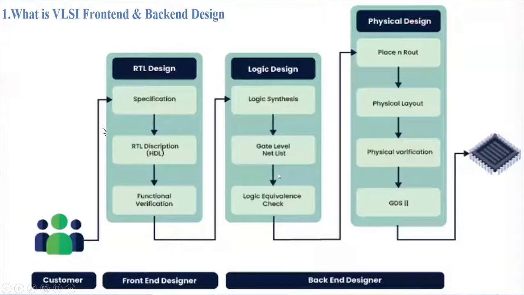Physical design will take the input from logic design and do place and route, physical layout and physical verification. After that, the GDS2 file will be generated, graphical database system. That GDS2 file is given to the fabricators, and they will fabricate this design. This is not our main thing. Mainly we are discussing RTL design, and the RTL part is mostly about to complete.